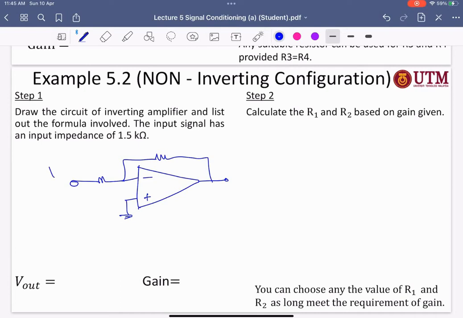This one is V in, and R2 and R1, and this one is the V out. So this is the inverting. To make it non-inverting, you just swap these two. So this one goes to ground, and this one is the V in.